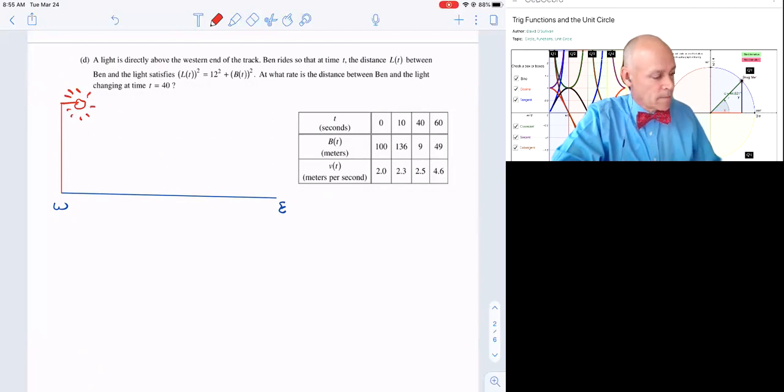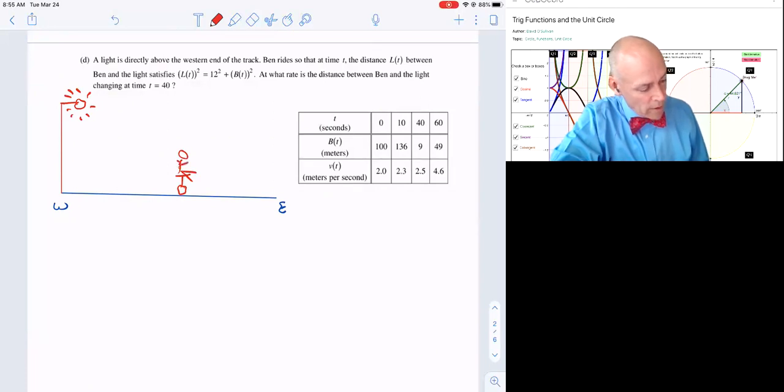That's my light. And then I've got Ben. Ben's on his unicycle. That's going to be a challenge. Okay, so there's a unicycle, there's that. That's the seat, and then Ben is sitting on that. Go, Ben, go.